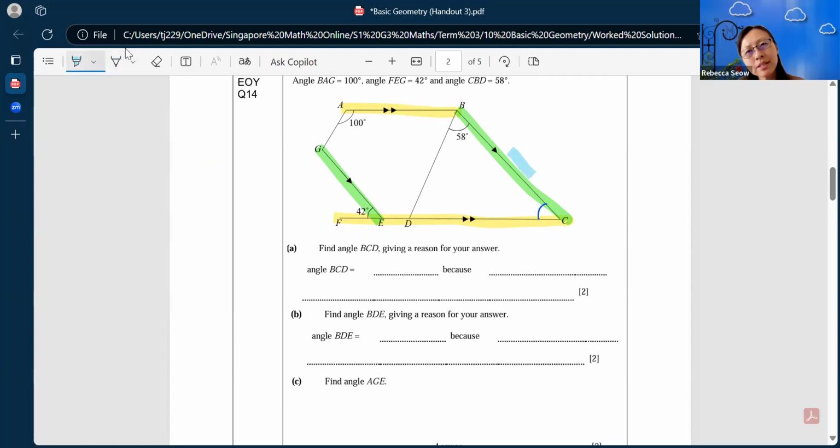Right, I actually spotted a pair of corresponding angles corresponding to angle FEG. So this is also 42 degrees.